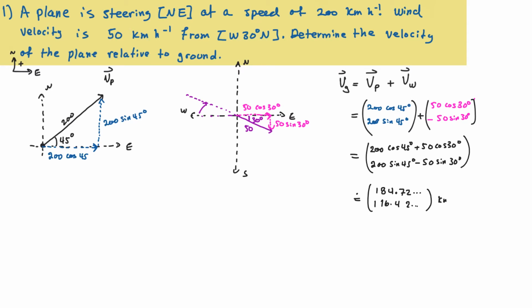Now we have the x and y component of our ground velocity. We do want to express it in terms of its magnitude and angle compared to either east or north or west or south.